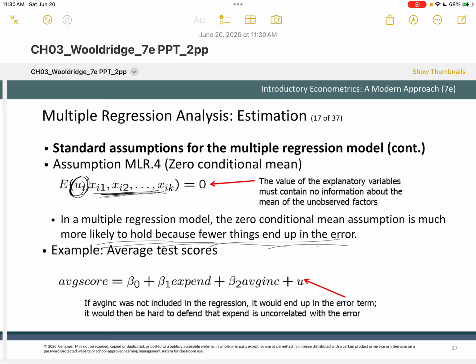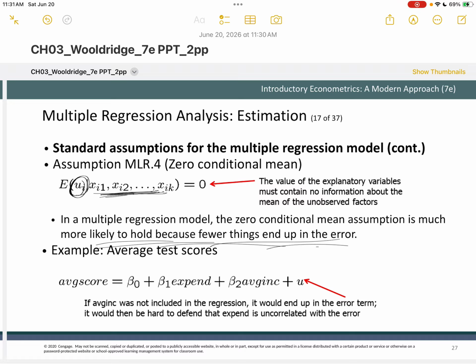But if they are unobservable and it's hard to proxy those, then it had better be that your explanatory variables contain no information about the average of those unobserved factors, such that there is no relationship between your explanatory variables and the unobserved factors in your error term.